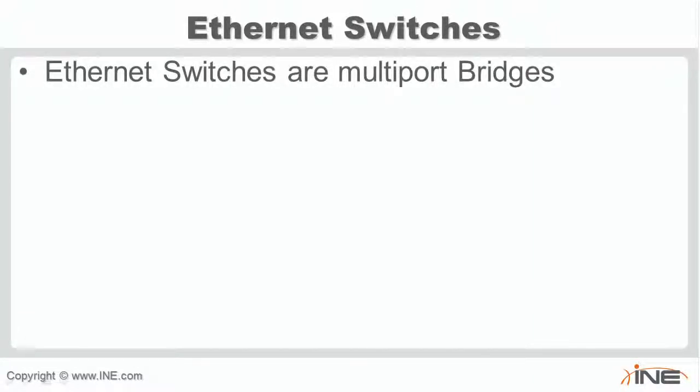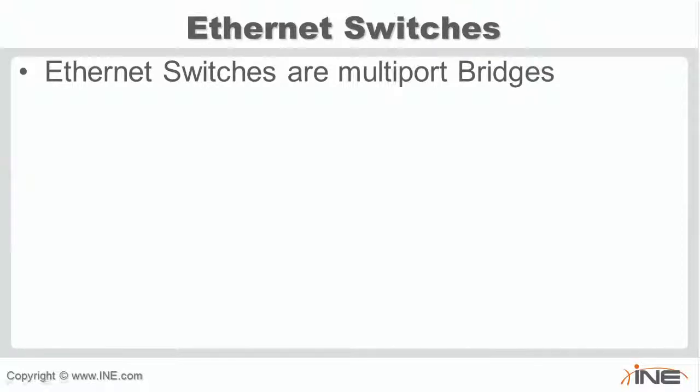Now, an Ethernet switch is basically the same thing. The difference is that a switch is just a multi-port bridge. In today's networks, it doesn't make sense to have a switch with just 2 ports, where the cable comes in and then the cable goes out. So pretty much every switch is going to have 3 or more ports.